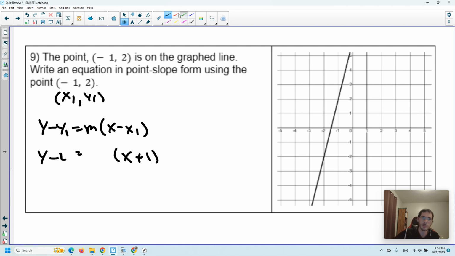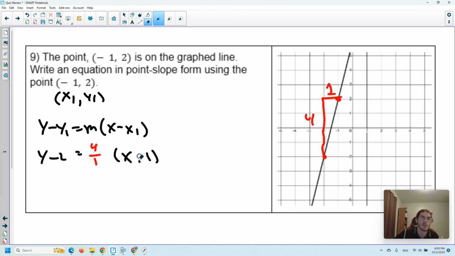And I need the slope. But if I look here, we're told that -1, 2 is on the line. So I just need to find another point that's on the line. This looks like it's on the line. So I can just count. 1, 2, 3, 4 is the rise. 1 is the run. So the slope is 4 over 1. So you know what?